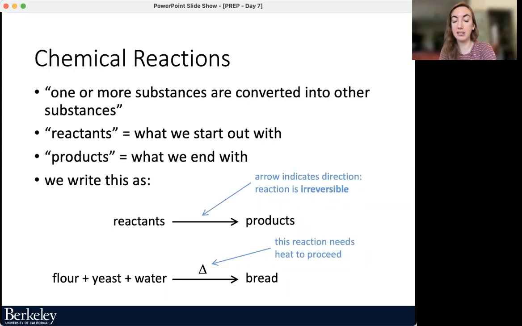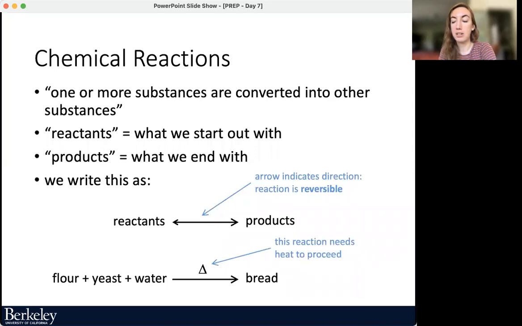I can add heat and do some other stuff and get bread at the end. But once I have bread, I can't go back to flour, yeast, and water. The yeast is dead, I've got a totally new thing, I can't go backwards. Some reactions are reversible, and we would denote that with an arrow that has two heads. So that means I can go in either direction.